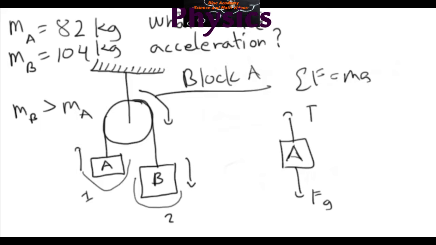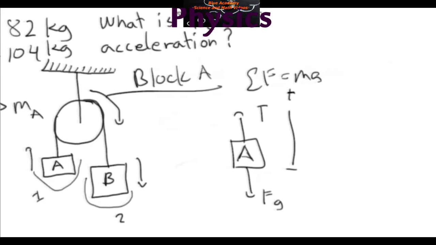We have to use a sign convention, because in most physics problems the quantities we are dealing with are vectors, and that includes direction. We're going to treat the upward direction as positive, because A is going upwards and B is going downwards. So we put a positive sign on A in the upward direction, and the negative sign goes downwards.